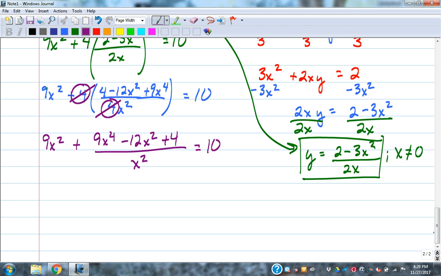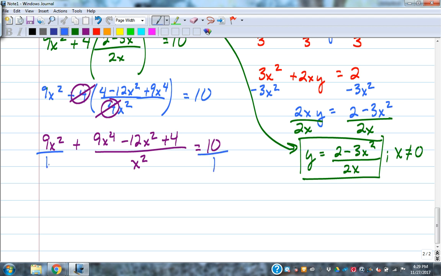So, got to remember some stuff about rational expressions and rational equations. In order to solve them, you got to have the same denominator. So I'm going to fix the 2 pieces that don't have a denominator of x squared. They have a denominator of 1 currently. They need an x squared down there.